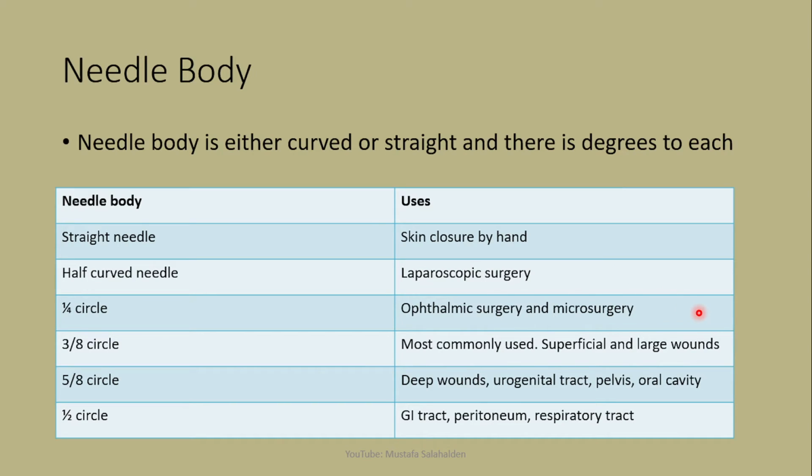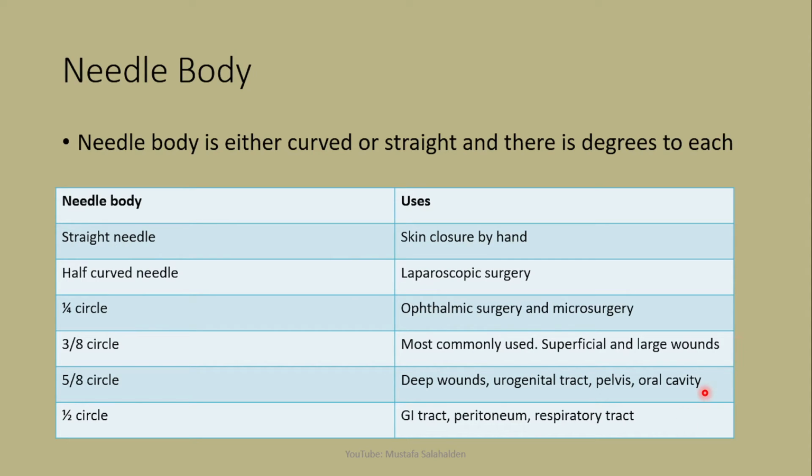And there are the curved needles, which have different curvatures. We have the quarter circle, one divided by four of a circle, which is used for ophthalmic surgery and microsurgery. And we have the 3/8 of the circle, and this is the most commonly used type of curve, and it is used for superficial and large wounds.